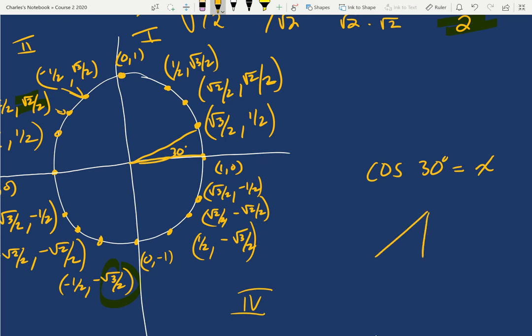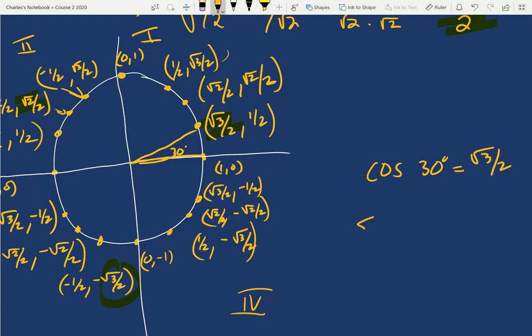If you draw this triangle, by the way, this is the x value and this is the y value, right? This point is x comma y. And so the cosine of the angle is going to be equal to x. So if I wanted to know what's the cosine of 30, I would look at my 30-point coordinate and I would look at the x values. So the cosine of 30 is equal to root 3 over 2.